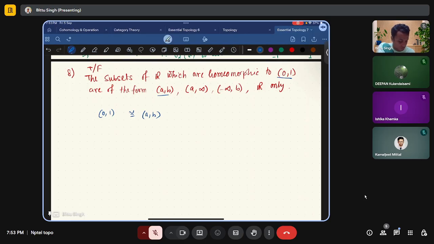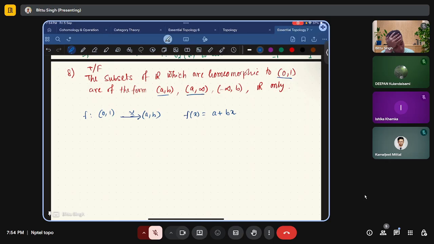So the homeomorphism f of x equal to a plus bx. Note that at 0 the value will be a, at 1 the value will be b. Okay. So this is a homeomorphism. You can write the inverse map.